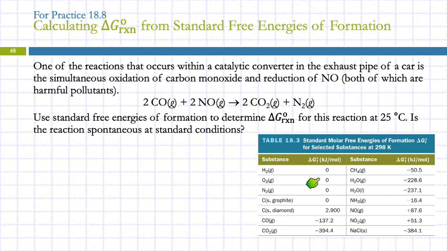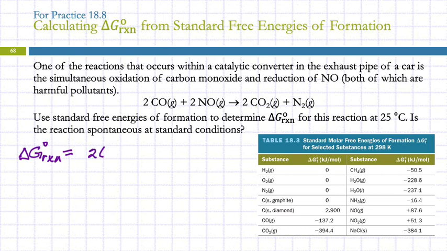So here we have a table of delta G values. We can just pull these out and use them. So delta G standard for the reaction will be the products. We've got 2 moles of CO2.